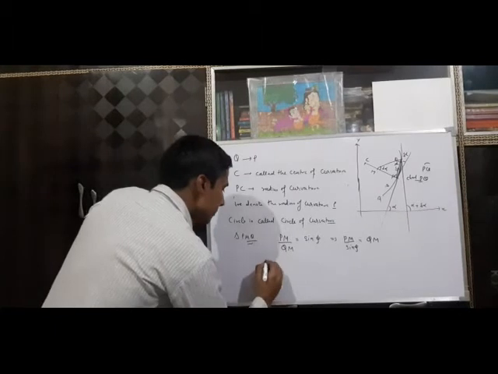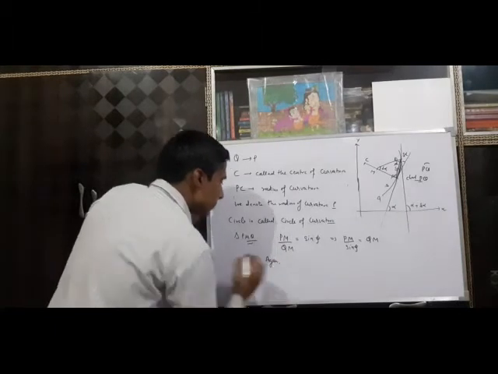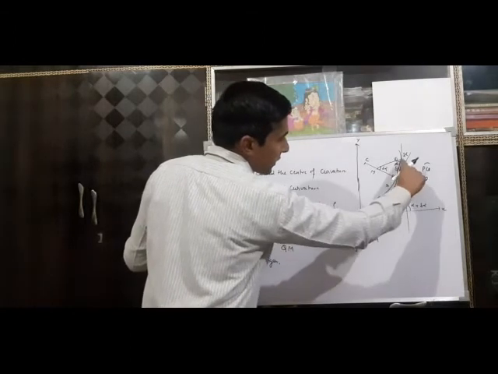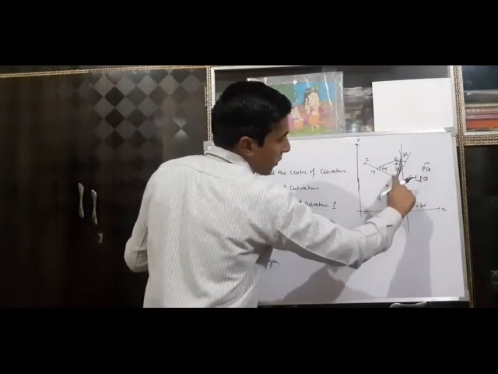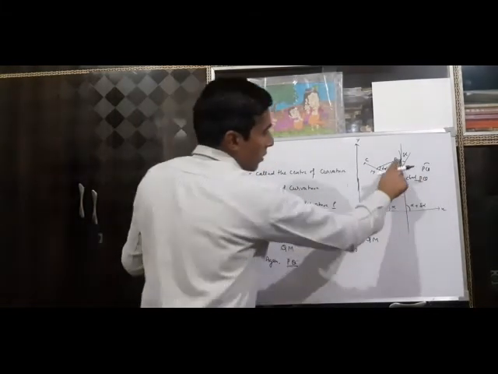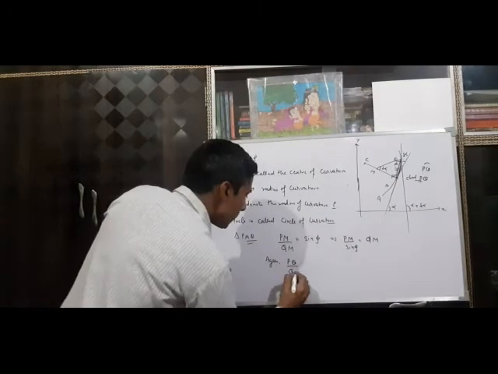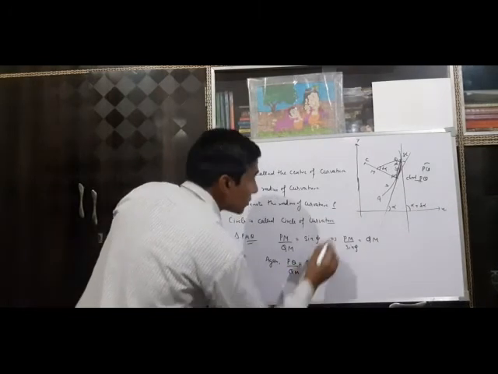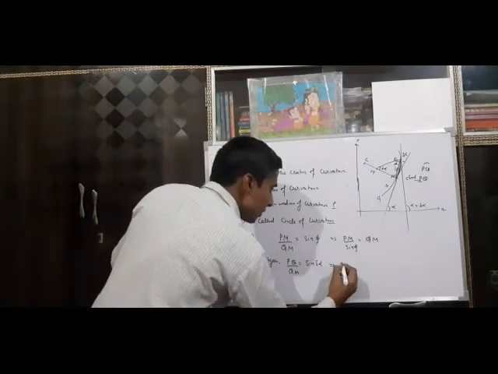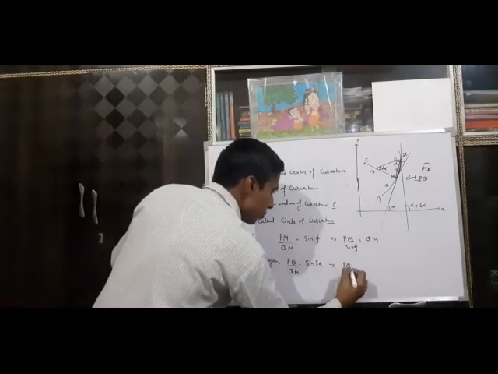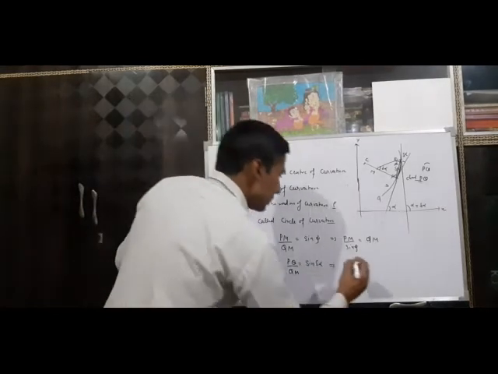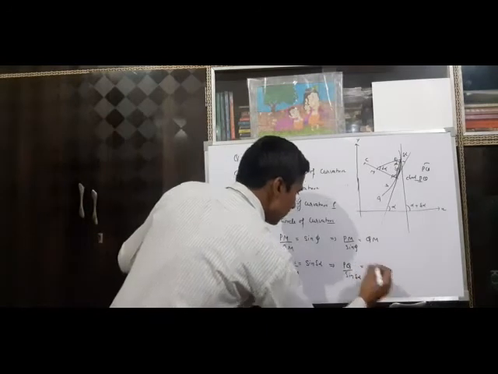Again we see here, consider this as a perpendicular distance, and this perpendicular distance is PQ upon hypotenuse QM, and this is sine delta alpha, and this implies PQ upon sine delta alpha is QM.